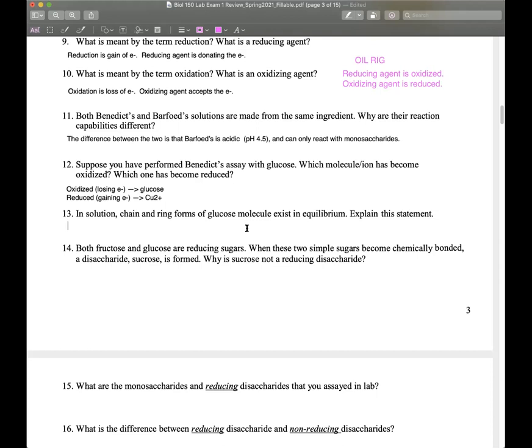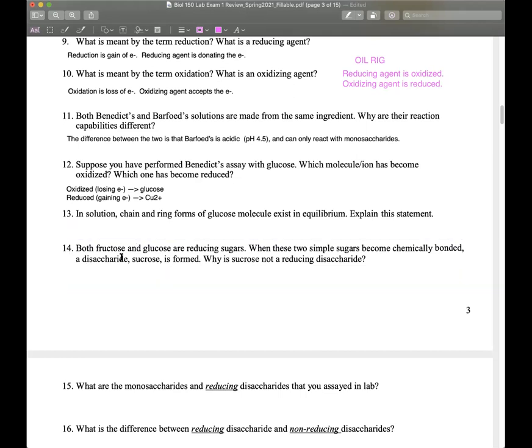That the chain forms have the ability to bond with other molecules, and the ring forms don't because they're closed. That's actually getting towards the answer for number 14 of why some molecules are reducing sugars and some are not.